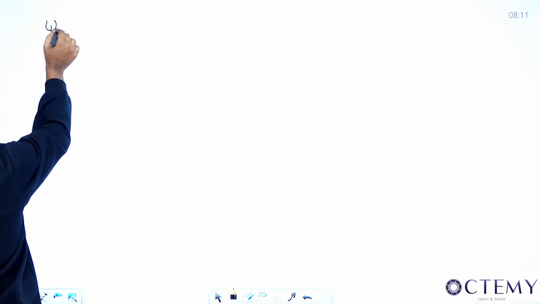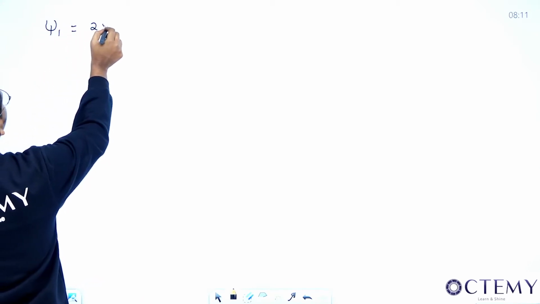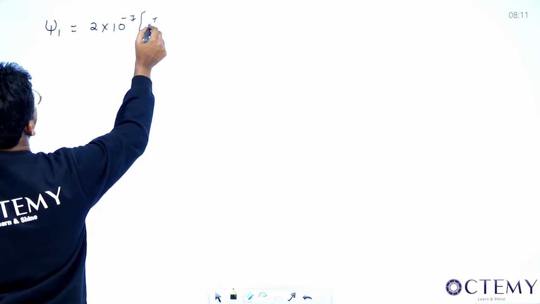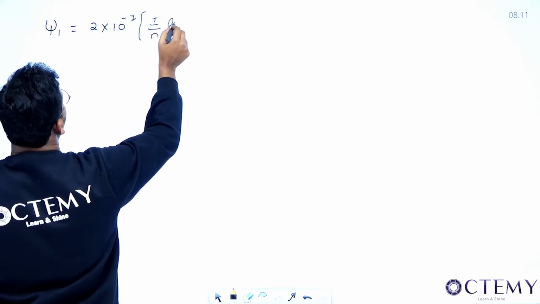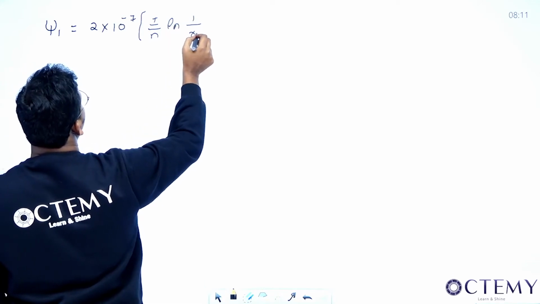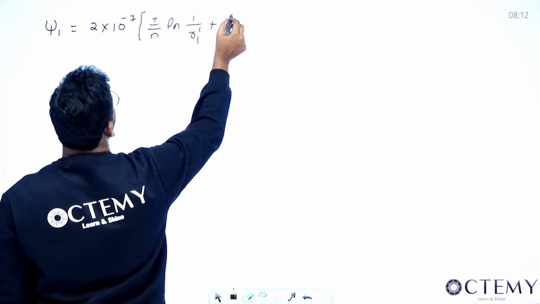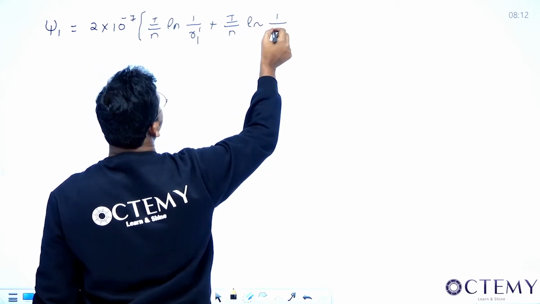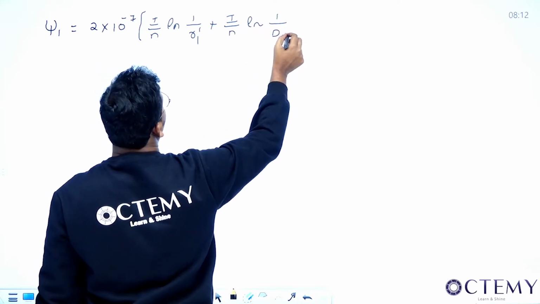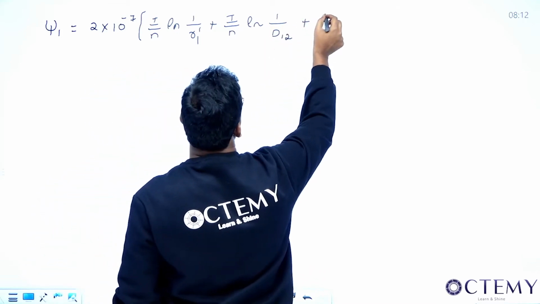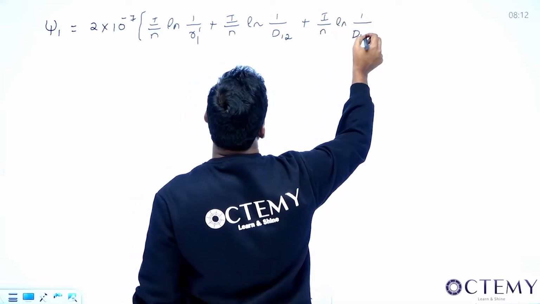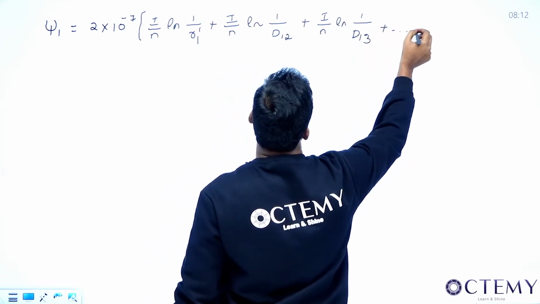So if I write phi 1, that should be equal to, applying what we have learned in the last class, 2 into 10 power minus 7 into I by N, because the first current is I by N, ln 1 by R1 dash, plus I by N ln 1 divided by the distance between the first conductor and second conductor, plus I by N ln 1 divided by the distance between the first conductor and third conductor, and so on, plus the nth conductor.